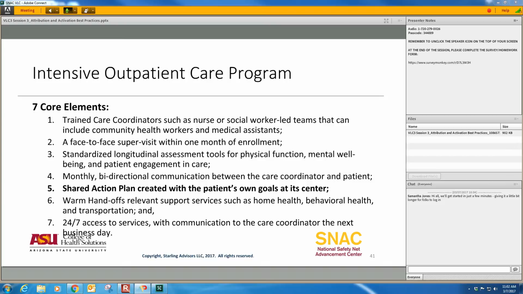And then this really key piece was a shared action plan with the patient's own goals at the center. So this is developed at different points depending on what made sense for a provider group or how ready a patient was to do this. But they really feel like the fact that they developed a sometimes comprehensive but sometimes very simple action plan that was driven by the patient's own goals, that was really key to their success in this program.